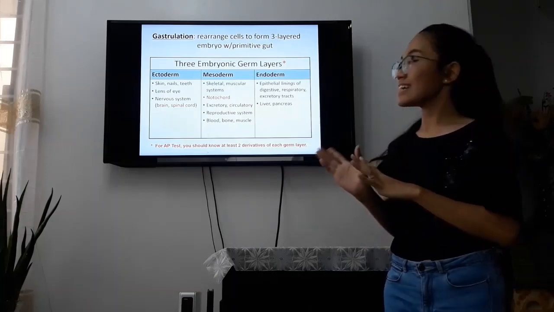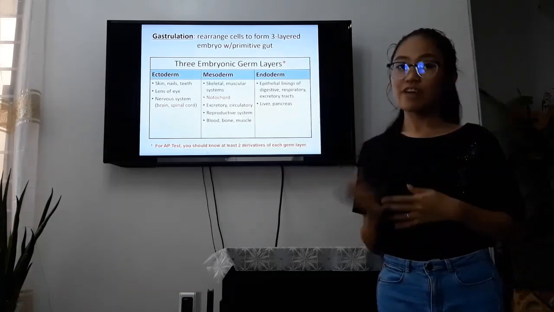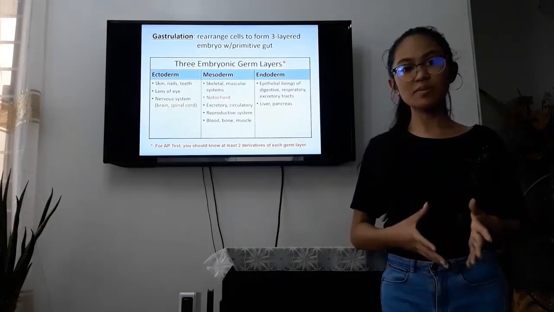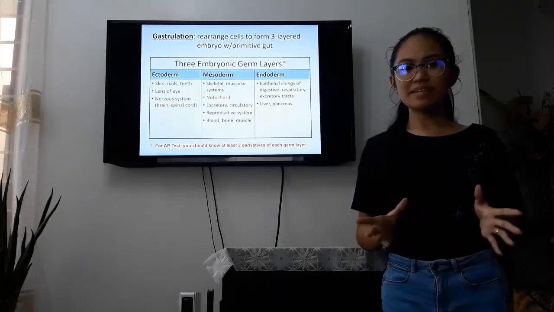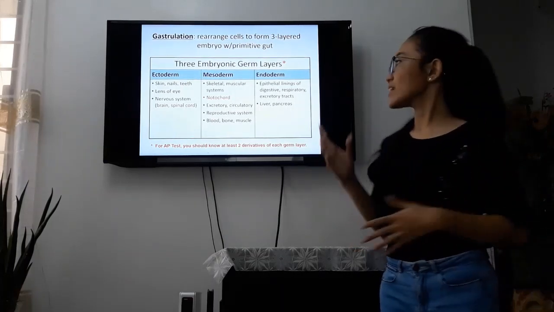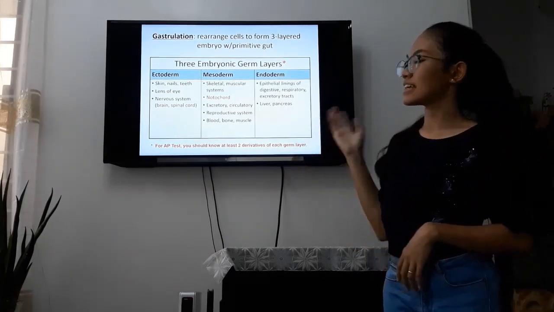The ectoderm is the external layer of the developing embryo. It includes the integumentary system of the human body, integumentary meaning the outer part of the skin. So it includes the skin, the nails, and the teeth.